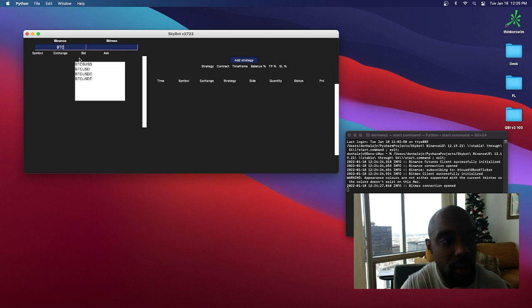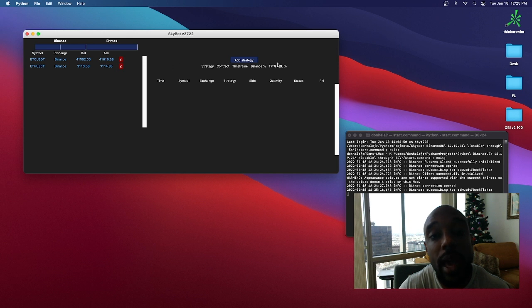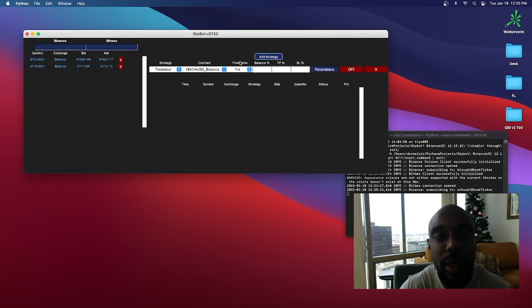So let's do Bitcoin USDT, and Ethereum USDT, Tether. Those populate. And over here is where you add the bots, strategies, little programs within the program that go out and do the actual trading based on certain parameters, right? And so we'll add a strategy.